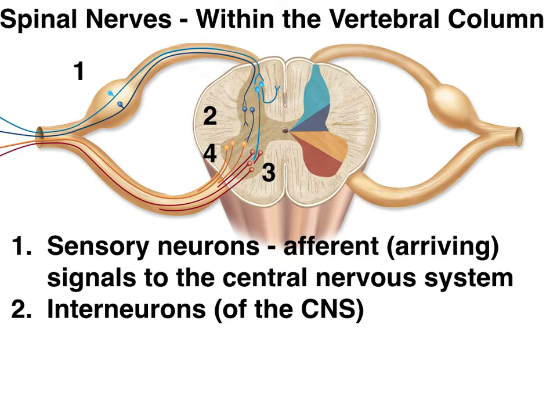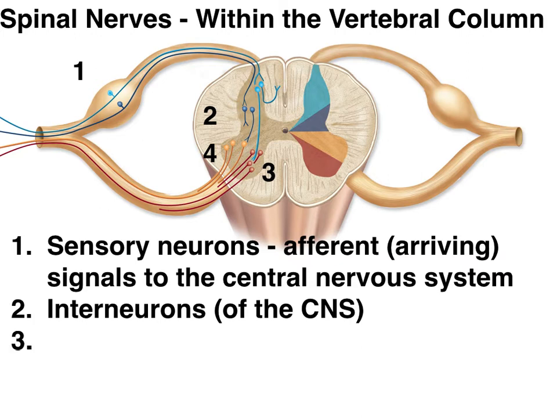In either case, the interneurons are going to take the information from the sensory neurons and decide on a response. When triggering a response, the neurons responsible for activating an effector would be at number 3 or 4.